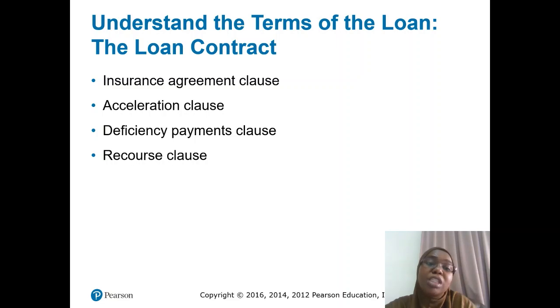The next one is the deficiency payment clause, and this clause states that if you default on a secured loan, not only can the lender repossess whatever is secured, but if the sale of that asset doesn't cover what you owe, then you can still be billed for the difference.